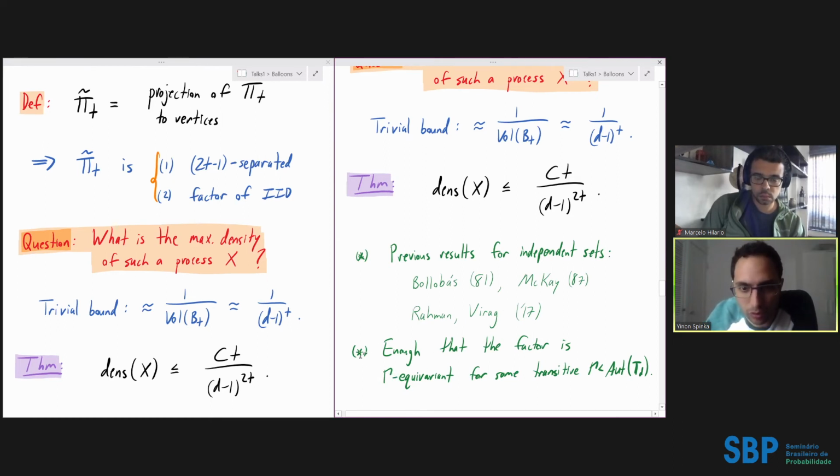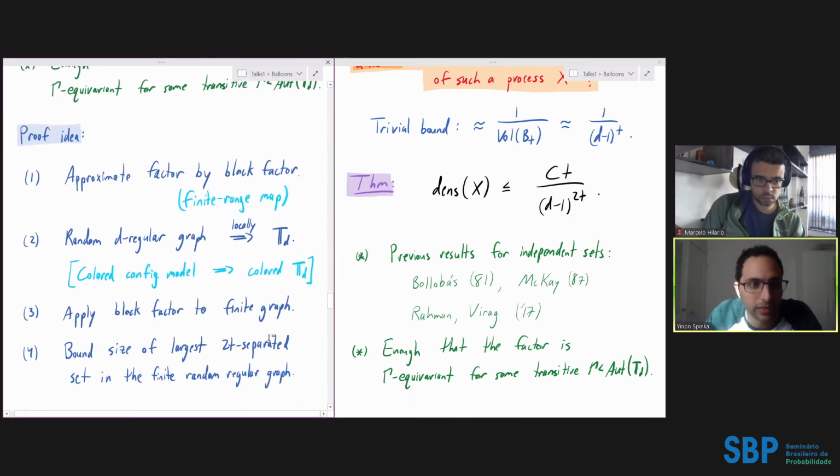And also, it will be important later for the hyperbolic case. So let me mention it here, that it's enough for this result to be true that the factor map that we were talking about doesn't have to be equivariant to all automorphisms of the tree, but it's enough that it's equivariant to some transitive subgroup of automorphisms. And this will be important later on.